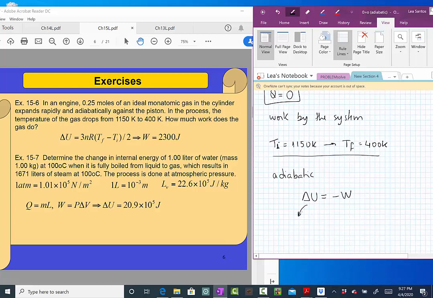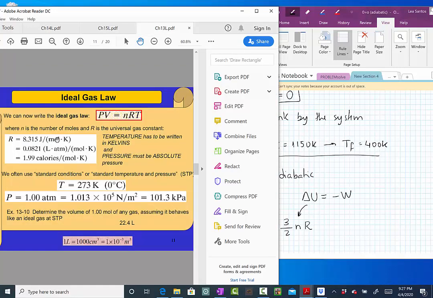So what are we going to put for the delta U? 3 halves n, where n is 0.25, and R is the universal constant. You have that in chapter 13, so you can use this R here, in joules per mole Kelvin, and the temperature is given in Kelvin.